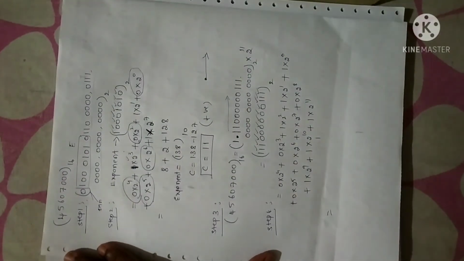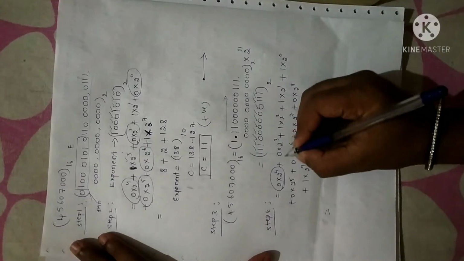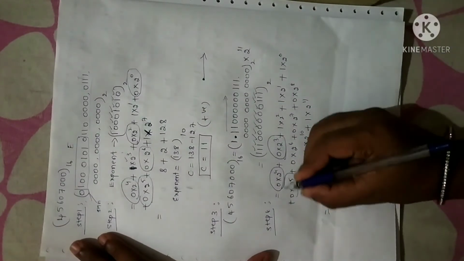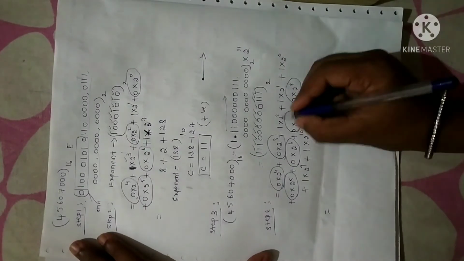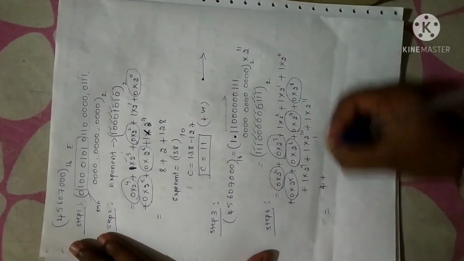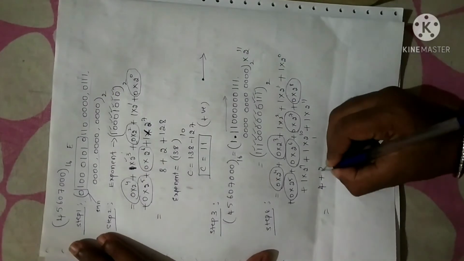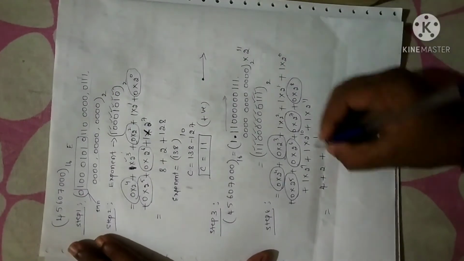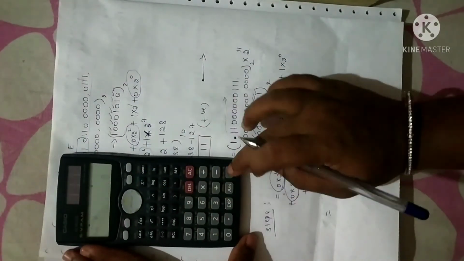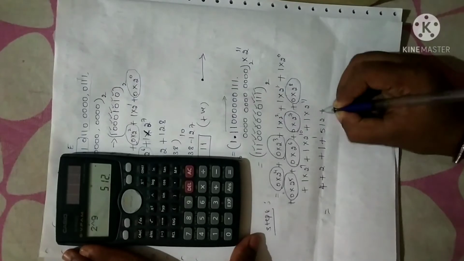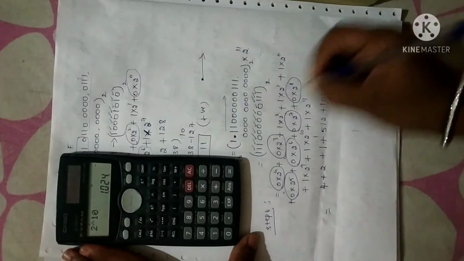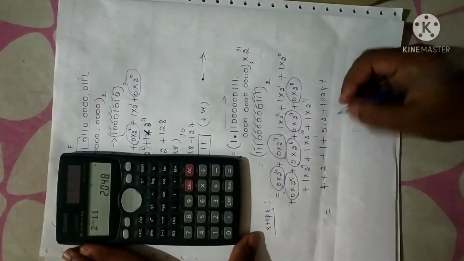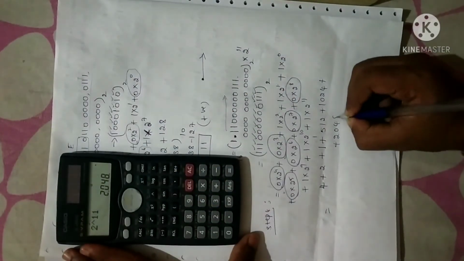Anyhow, I am not going to calculate all the terms which contain 0, because after simplification you will get 0 anyway. Clear? Now what do I have? 2 squared is 4, plus 2 power of 1 is 2, plus 2 power of 0 is 1, plus 2 power of 9 is 512, plus 2 power of 10 is 1024, plus 2 power of 11 is 2048.